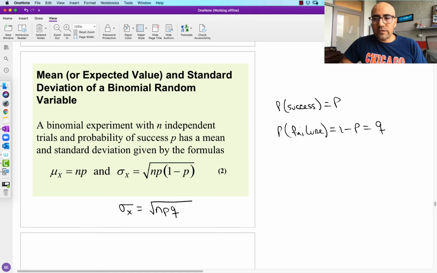We also use that letter there. So it just makes it a little easier to remember. But again, a very, very easy formula to apply, right? If you apply the formulas we learned in 6.1, you'll still get the same answer, but it's a lot more work. That's one of the great benefits of recognizing that we're working with a binomial random variable. The mean and standard deviations are very easy to calculate. Okay, let's look at an example.